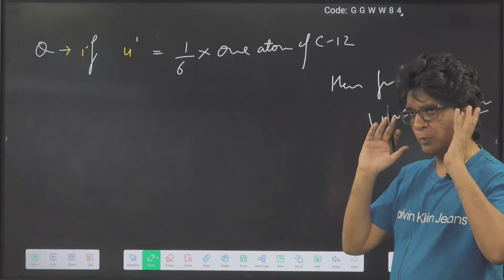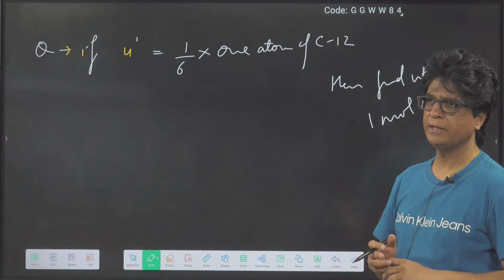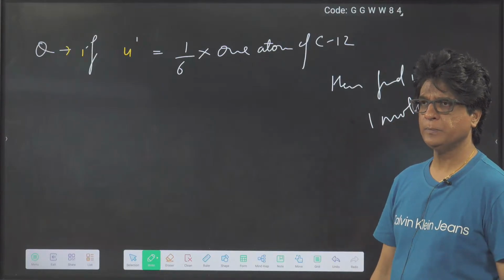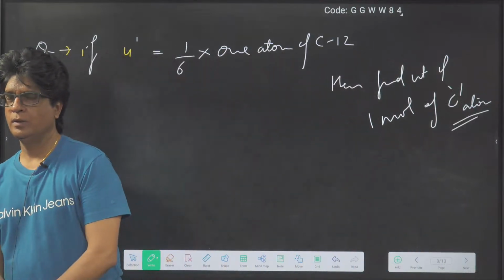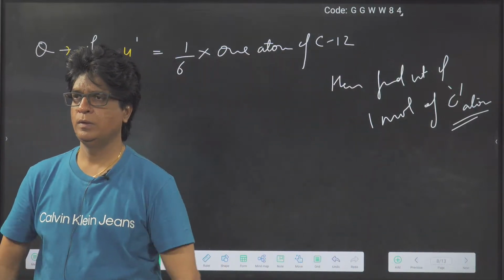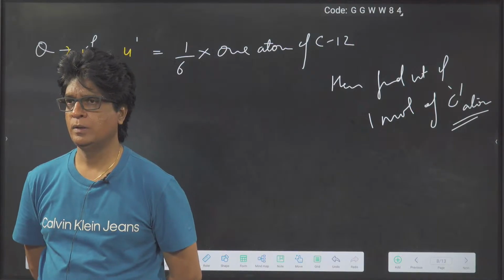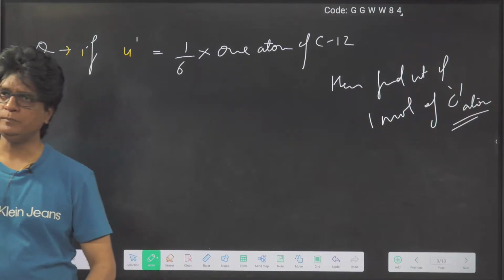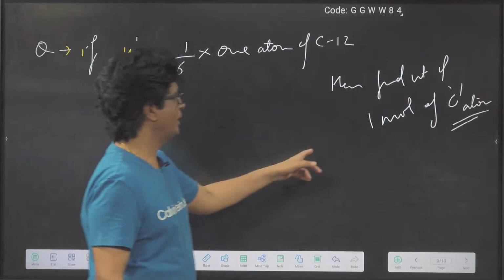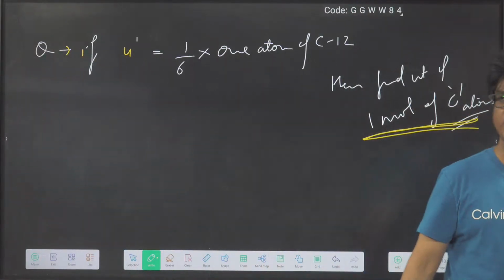Once you get what I'm saying, there is no need for that writing. Solve it. What is the weight of 1 mole of carbon atom? 1 mole of carbon atom, I'm saying.